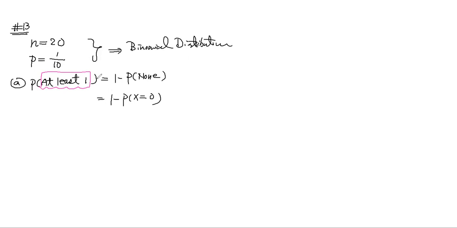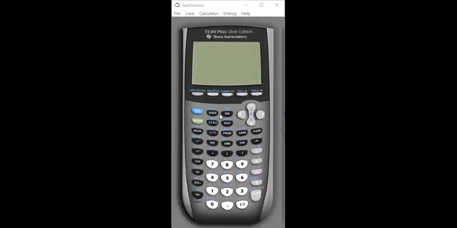Now I'm going to go to the TI calculator and show you how to do that. I'm leaving the whiteboard here. Turn that on, quit this and clear. I'm going to press second DISTR.